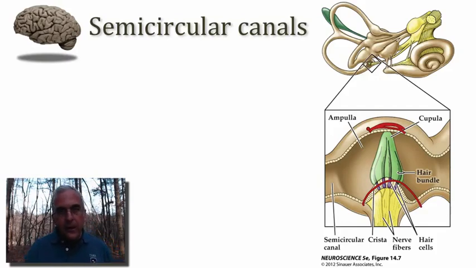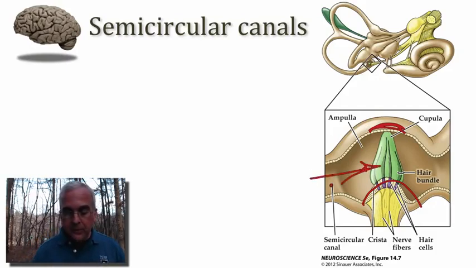So if we were to turn that glass of water, the glass turns, right? But the water has some lag because of the force of inertia. The same thing is going to happen here in the semicircular canal. As we turn our head, the force of inertia is going to cause a deflection of this cupula.